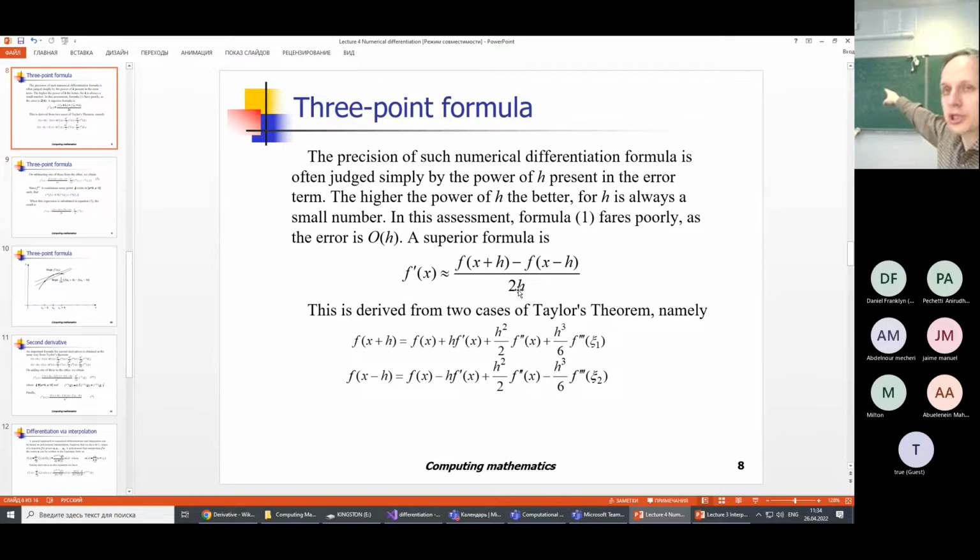But this approach is more general. It allows us to derive different formulas. Here we find the formula for the value of x equals to x1. But let's do the same for x equals to x0. P2 prime of x0.